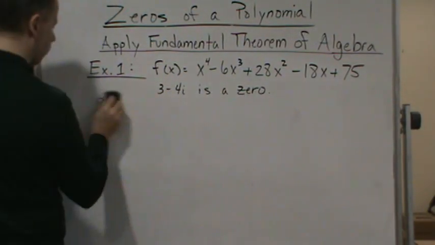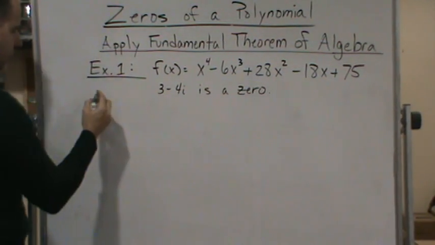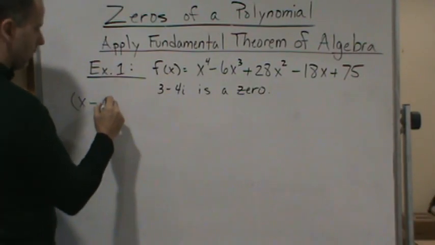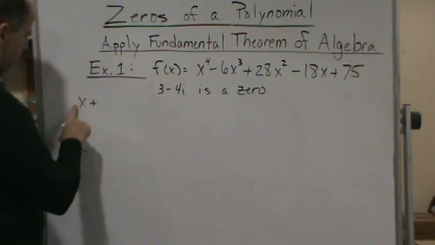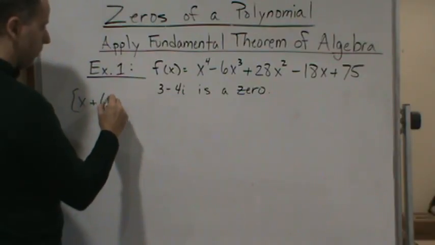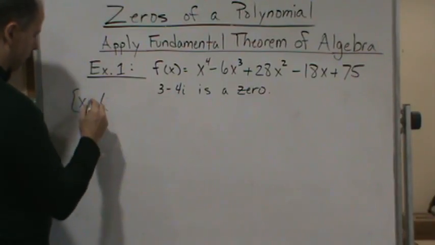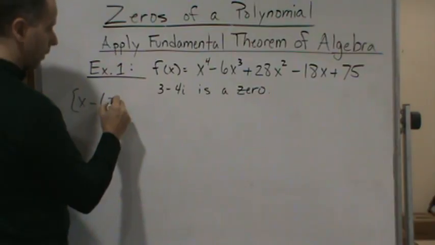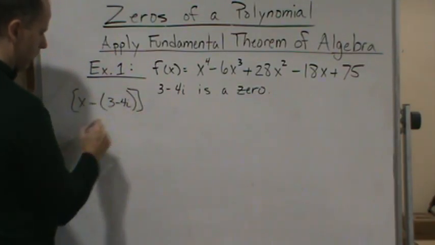Okay, so let's use the fact that if these are zeros, then we know that x minus, and I'll do brackets here so we can see it. x minus 3 minus 4i, right?